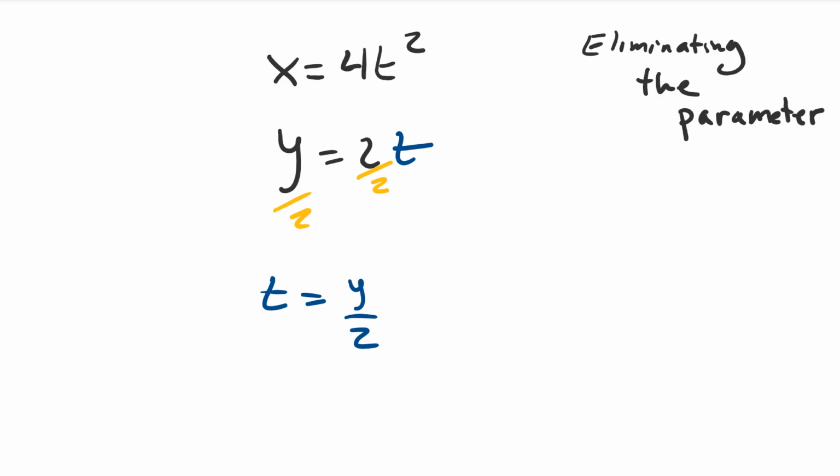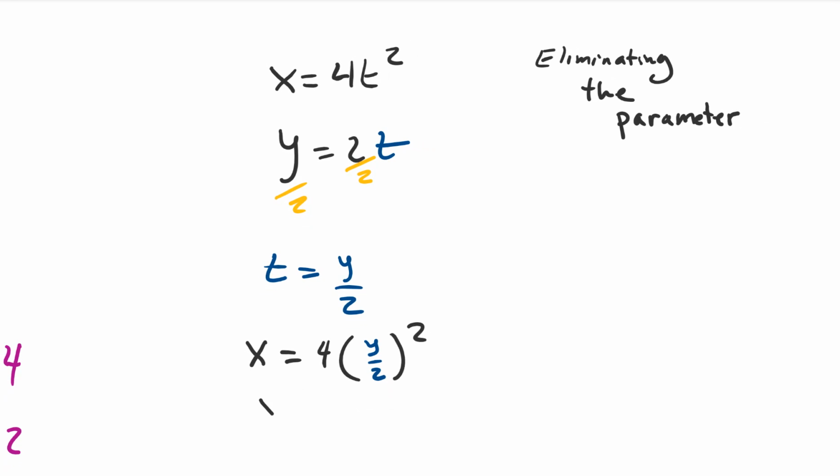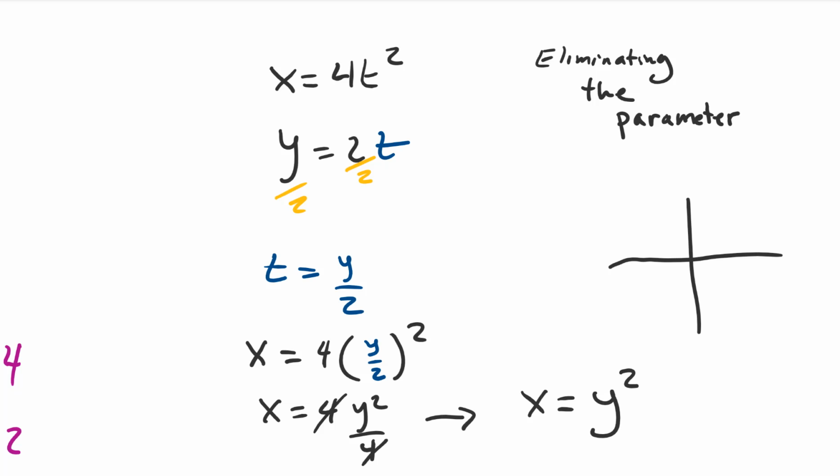So we're like, okay, well, x from right up here. X is equal to 4 times t squared. But t is equal to y over 2. So what do we have here? X is equal to 4 times y squared over 4. They just cancel out, and it appears that we have x is equal to y squared. Oh shoot, that's just a parabola on its side.